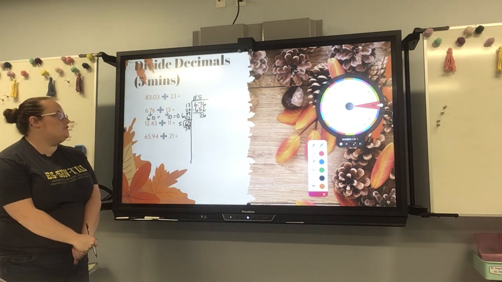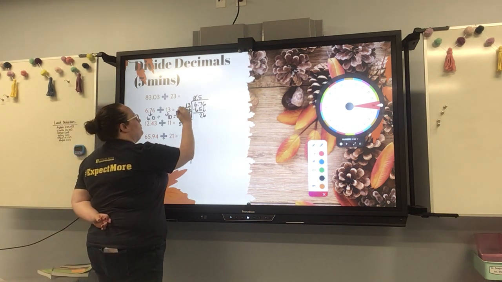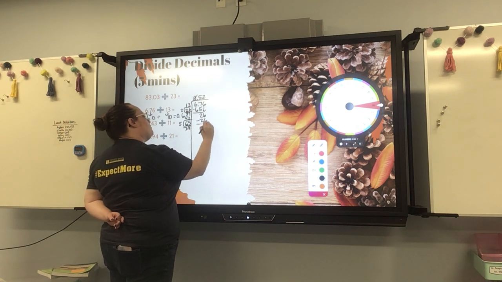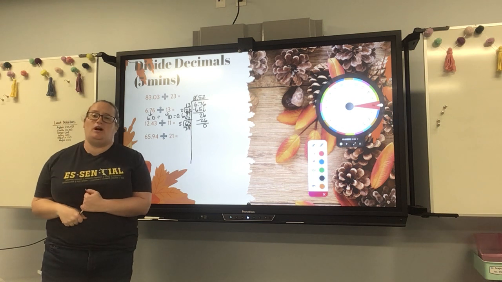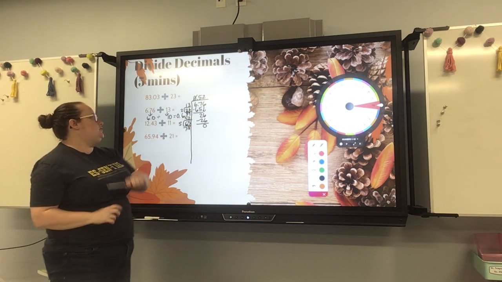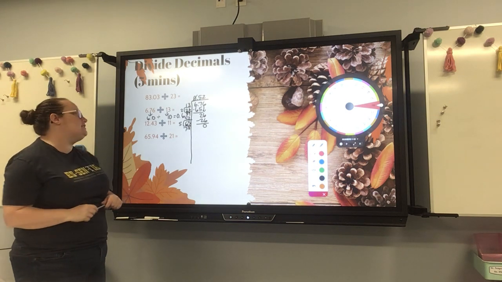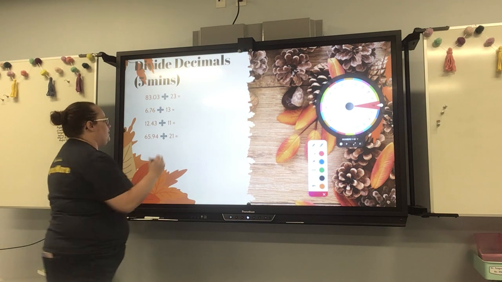How many times can 13 go into 26? 2. There's a 26 on my list. I'm going to put a 2 in the quotient. Subtract 26, and that is 0. So my quotient would be 52 hundredths. Is 52 hundredths close to 6 tenths or 60 hundredths? Yes, it is. Let's do our next one.